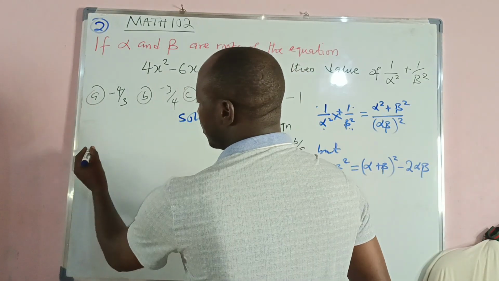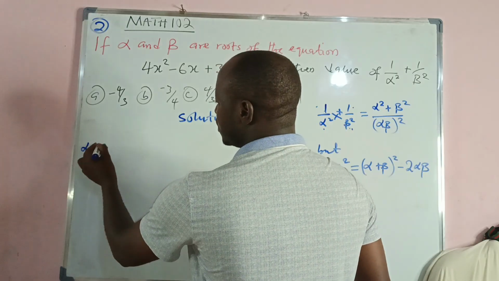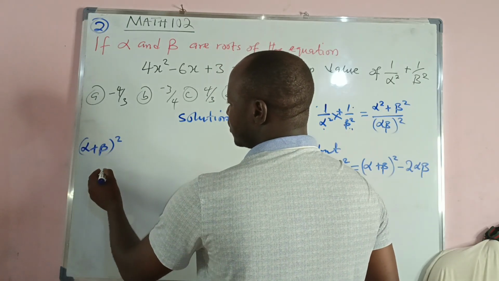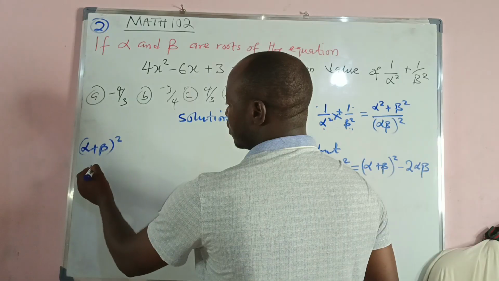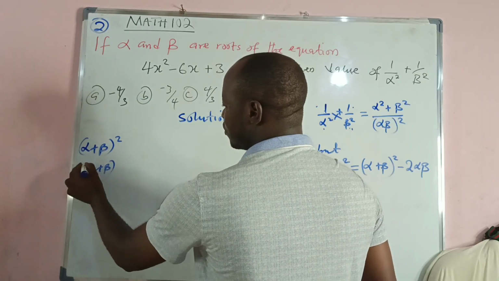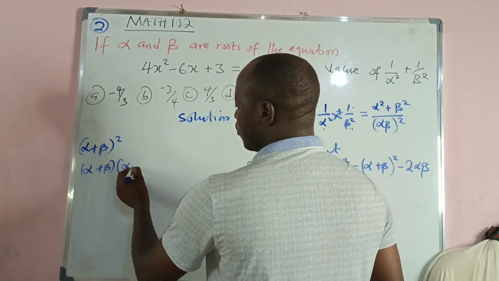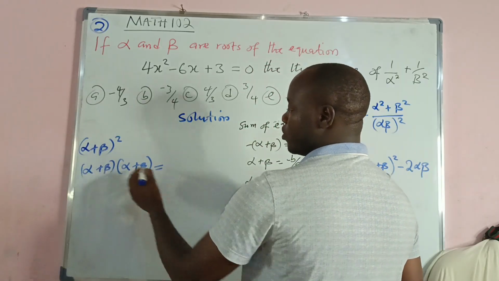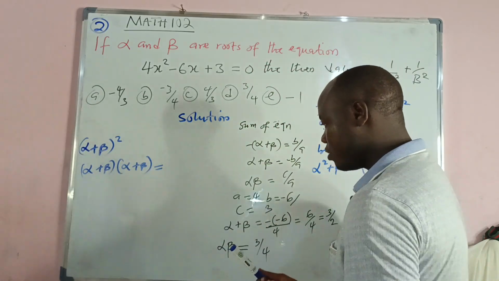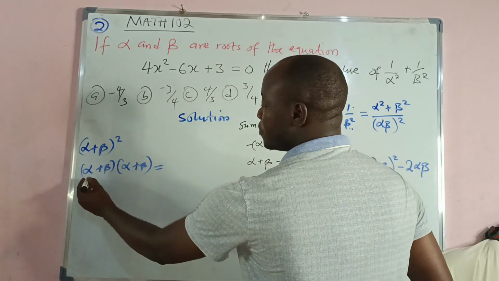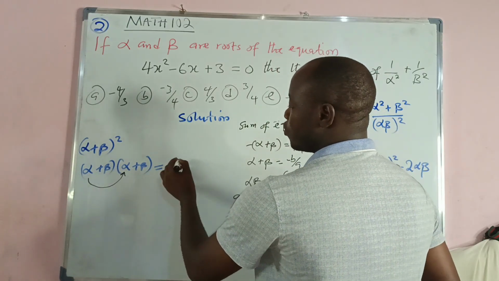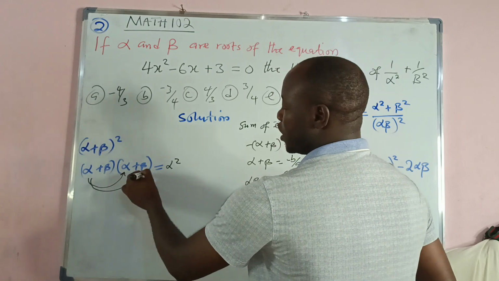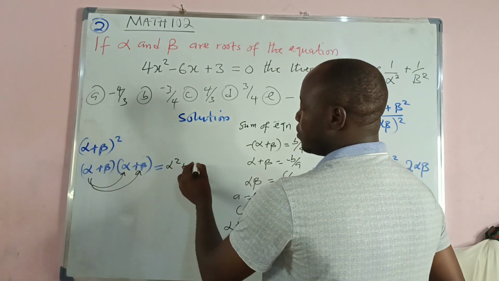Remember now, (α + β)² is the same thing as (α + β)(α + β). So what is this? α times α is going to give us α². α times β is going to give us αβ.